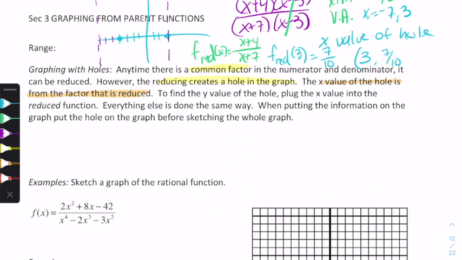So instead of having a vertical asymptote or our x-intercept at 3, I now just have this hole at 3, 7/10. So I have a lack of a point, and the way that we show a lack of a point is just with an open circle. Okay? That's how we find our piece of information about the hole.